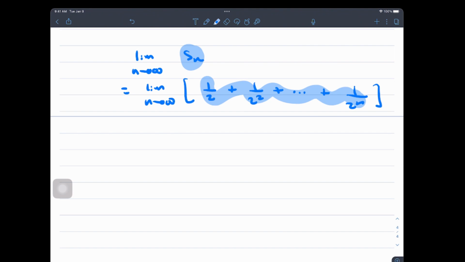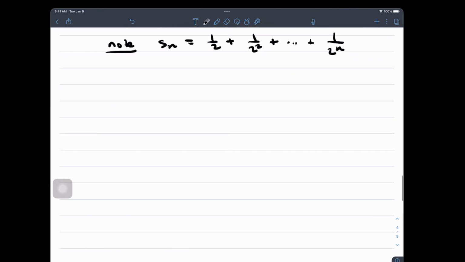Now, here's the thing about this. Okay? There's a little bit extra work here. This is what's going on here. There's more. We're going to approach this differently. Okay? So I want you guys to know what we know so far. We have Sn, which is 1/2, 1 over 2 squared, 1 over 2 to the n.